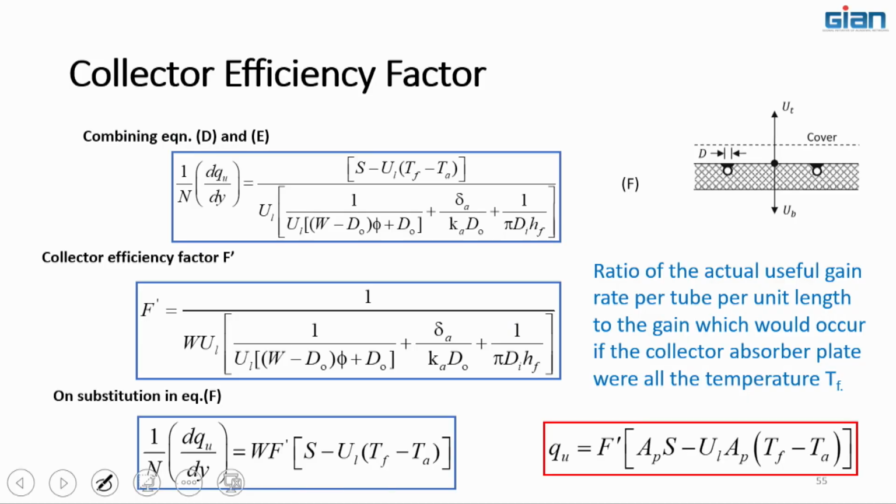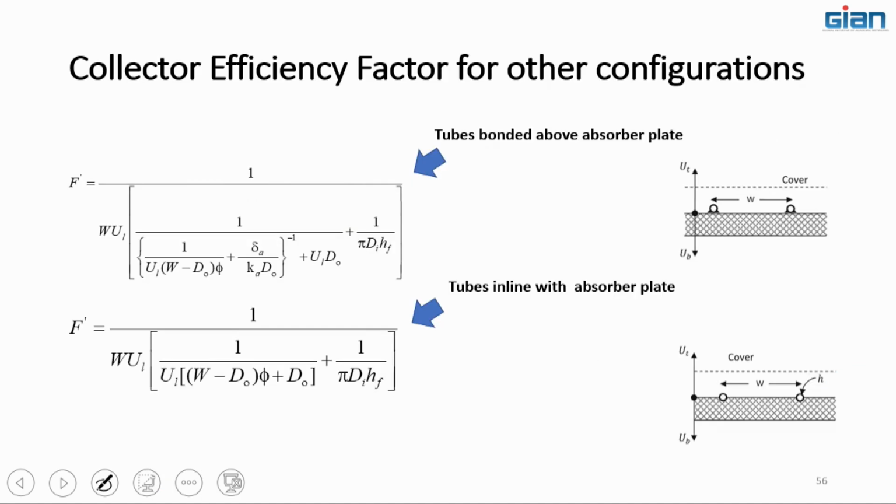We will get an expression like this if the configuration is like this. Just below, we have attached this tube, then QU will be at this F', and this F' is nothing but the collector efficiency factor. You will get this expression, and this is in TF. For different configurations you will have different expressions.